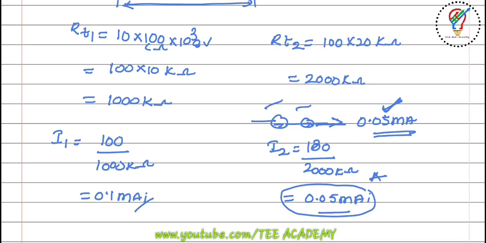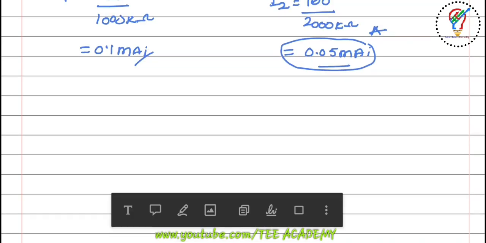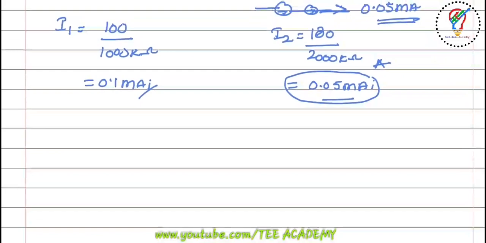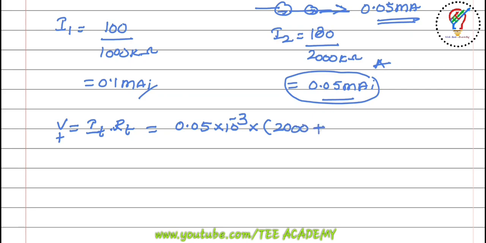Now we need to find the total voltage it can measure. V is nothing but the total current IT into RT. The IT value we already know: 0.05 into 10 power minus 3. Total resistance is 2000 plus 1000 kilo ohms, into 10 power 3, so these two get cancelled.